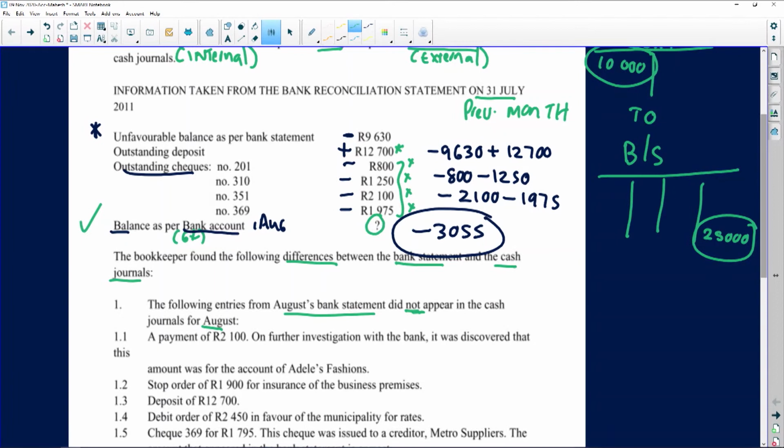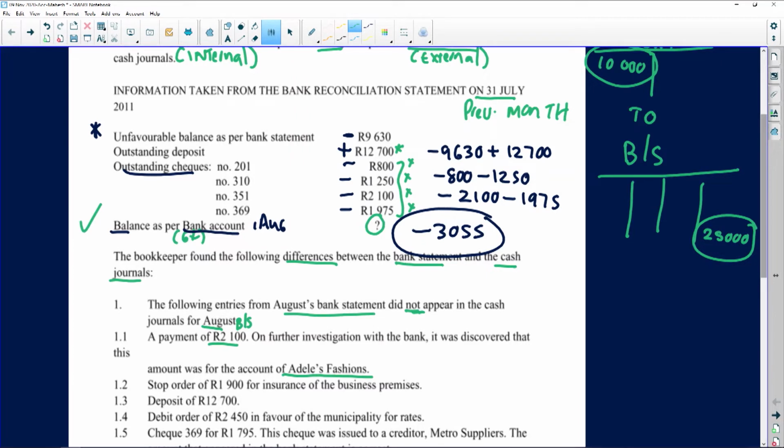Right, the first bit of information, a payment of 2,100. Again, it's in the bank statement, but it's not in our records. On further investigation with the bank, it was discovered that this amount was for the account of Adelaide Fashions. So we're thinking, where did this payment come from? Because we did not issue a check for 2,100.